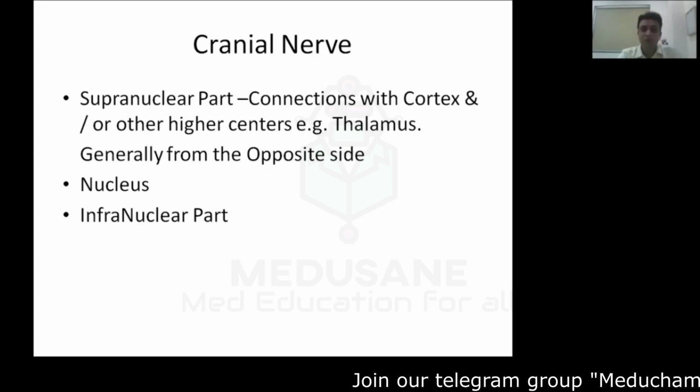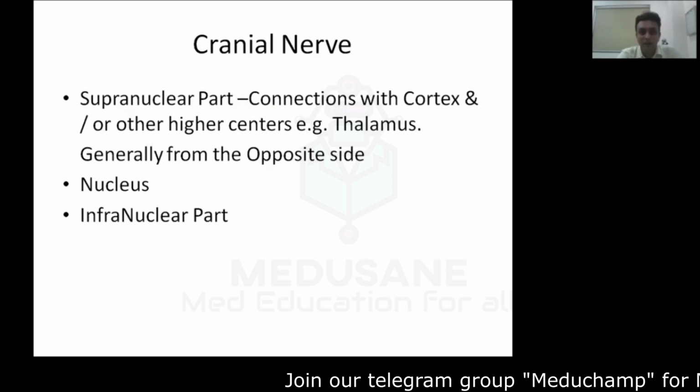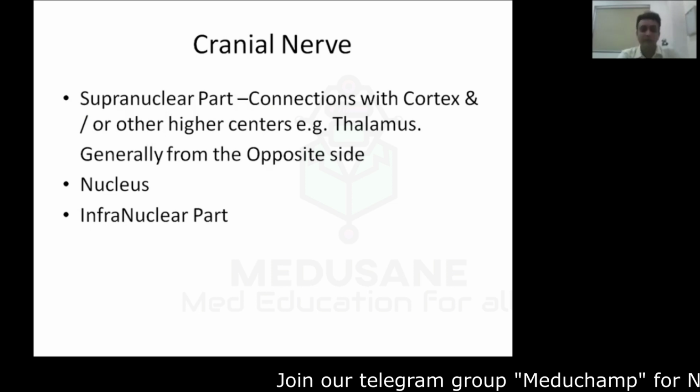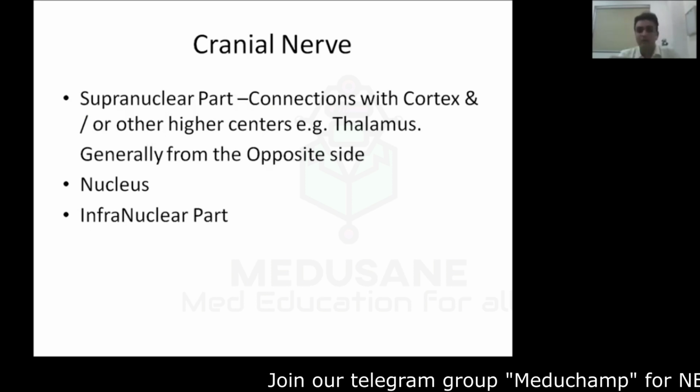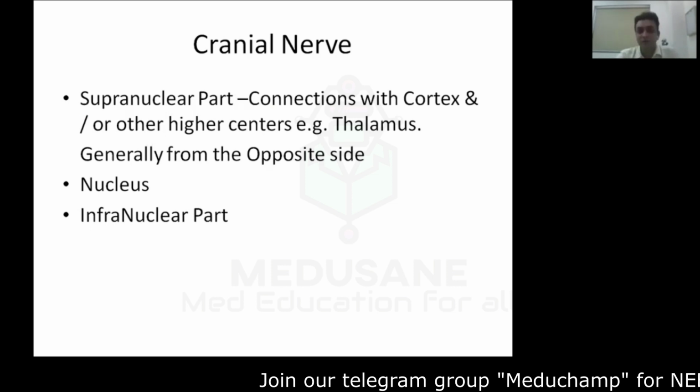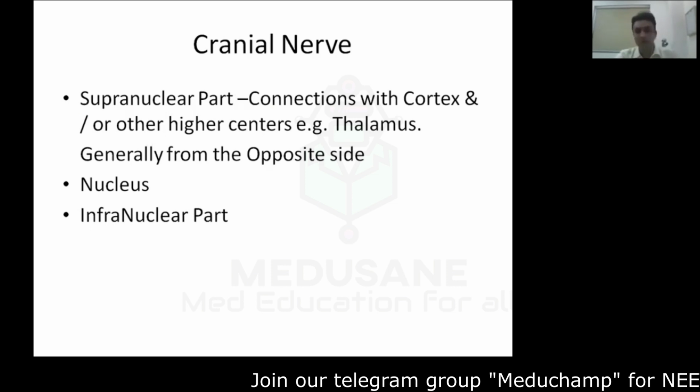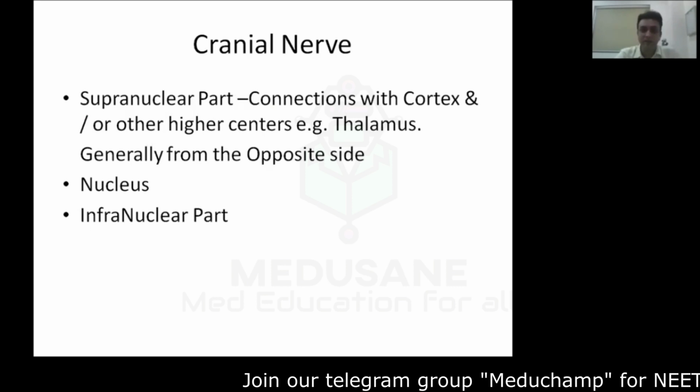The supranuclear part connects the nucleus with either the cerebral cortex or the thalamus or any other higher center, mostly of the opposite side, or it may connect to all of them, like in the facial nerve. And there is an infranuclear part, that means the part after the nucleus, when the nerve leaves the brainstem.